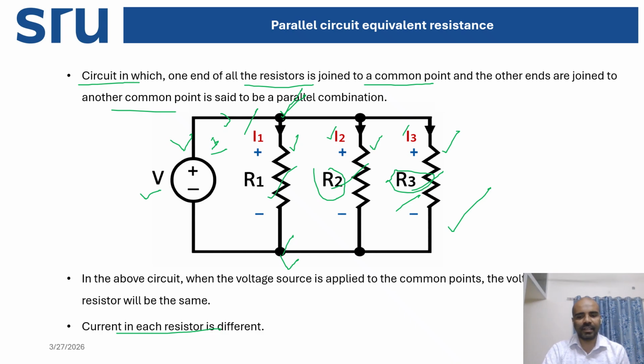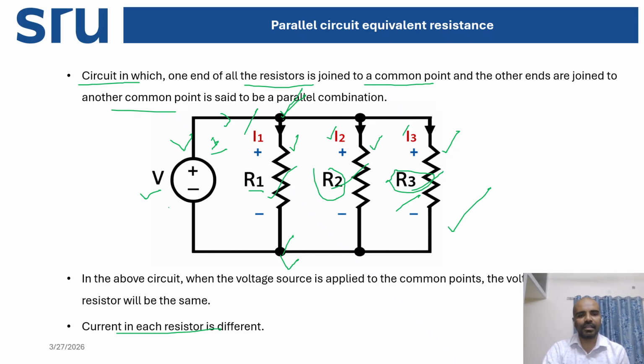Current is additive in nature, but the voltage drop across R1, R2 and R3 is the same.